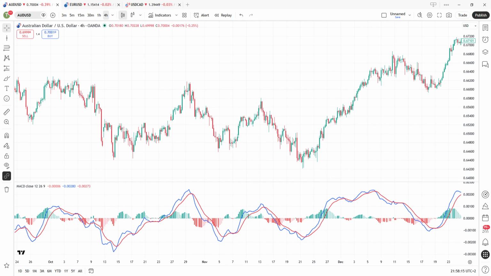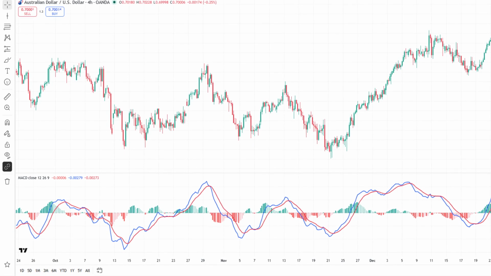This is important because many traders pay attention to where a crossover actually occurs on the indicator. The general rule is that a bullish crossover that occurs below the zero line is often considered more significant because it may signal a shift from bearish momentum towards bullish momentum.